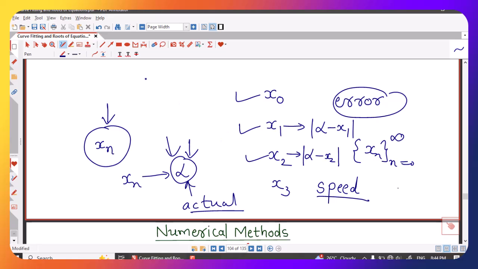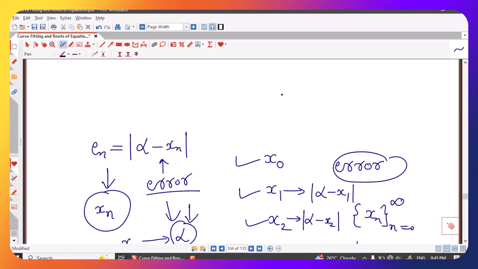In general, at the nth approximation, the absolute value of alpha minus xn is nothing but the error of the approximation at the nth iteration. We denote this error by en.